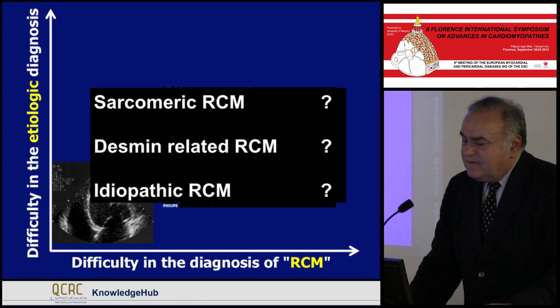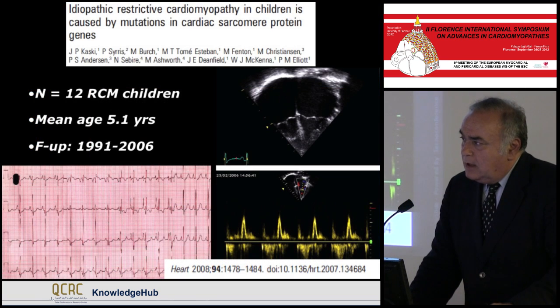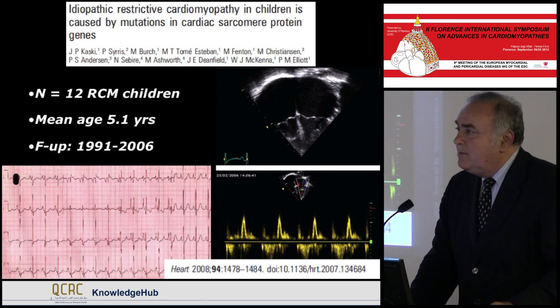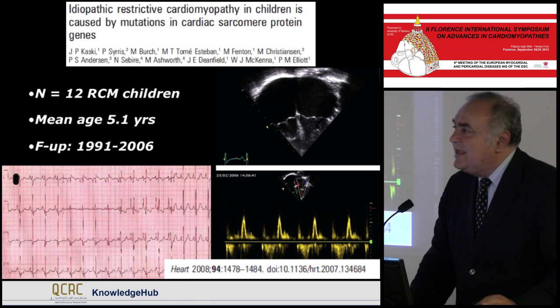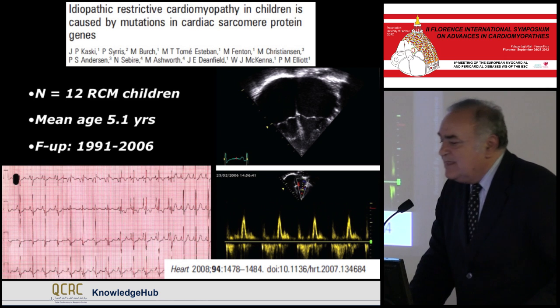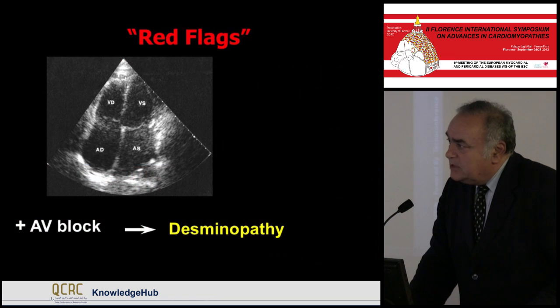Of course, a differential diagnosis is necessary, and at least three entities underlie this situation: sarcomeric restrictive cardiomyopathy, desmin-related, and idiopathic restrictive cardiomyopathy. I agree with English colleagues that probably idiopathic restrictive cardiomyopathy is destined to die. Probably it will not exist any longer in the next years. In many cases, the patients have indeed mutation of the sarcomeric gene.